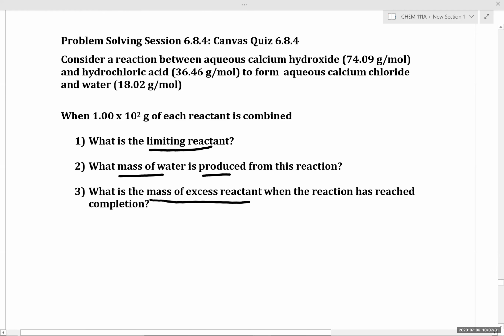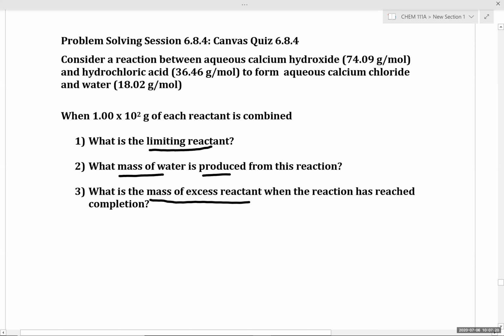This would be the second 6.8.4 quiz. I can double check that right now. Don't be shy to submit your responses, both in the chat, verbally, or via Canvas.